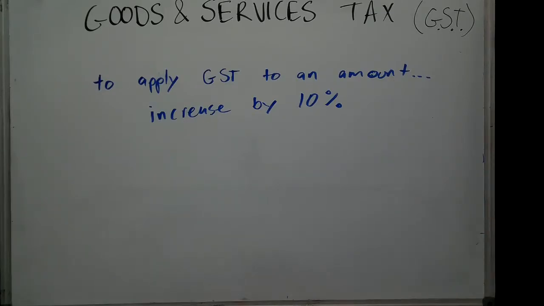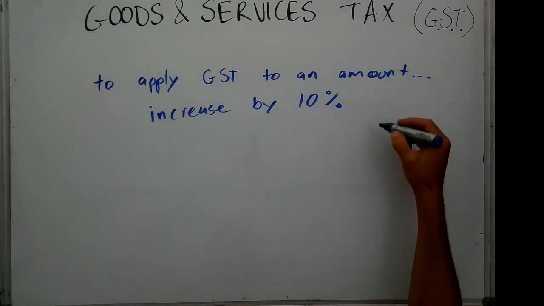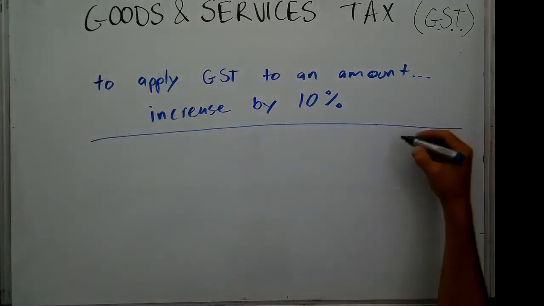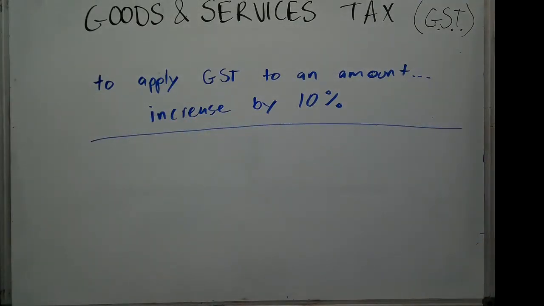The thing that does confuse people though is if an amount has GST included, in order to work out what that GST is, you can't just take away 10%, because once you've added 10% on, we're starting with a different number. So I'll just write this in green.